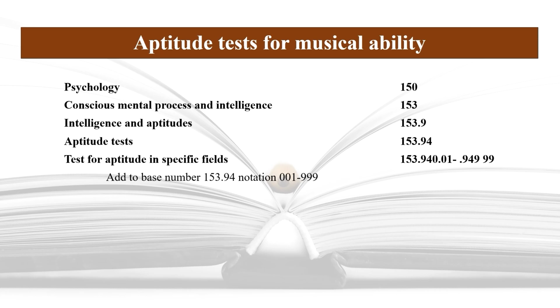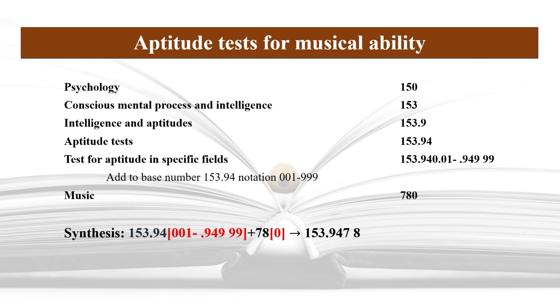So from the third summary you can get the number for music, that is 780. Accordingly we will add the number. Our basic number was 153.94001 to 153.94999. According to the instruction we have to omit 001 to .94999.